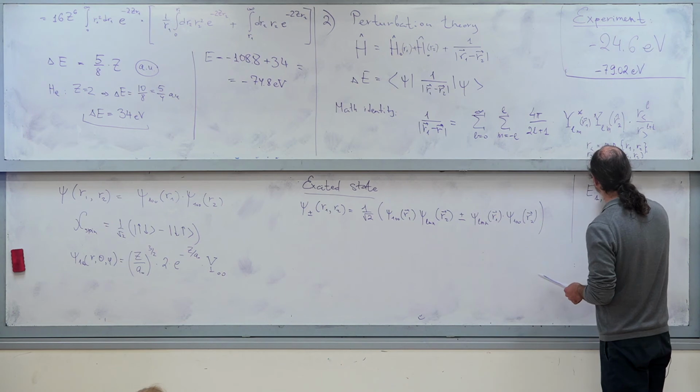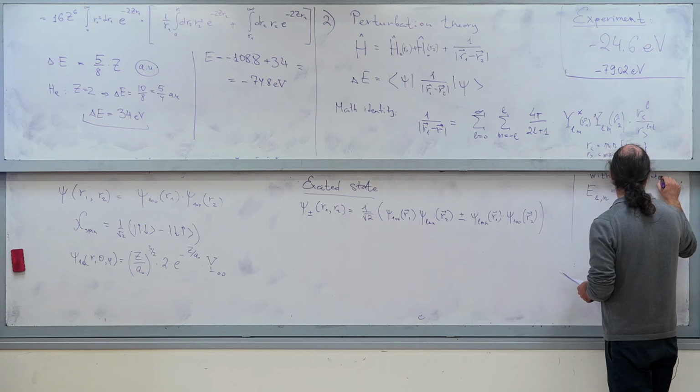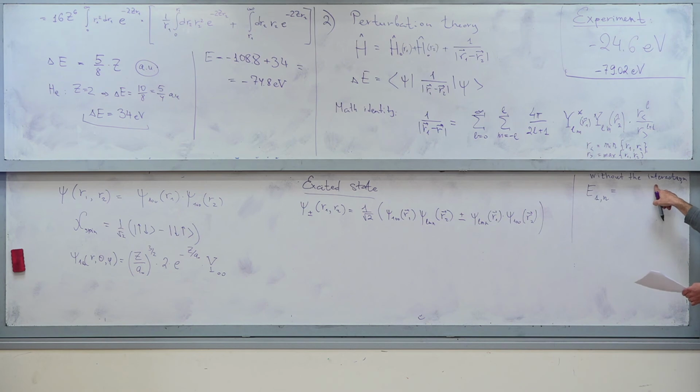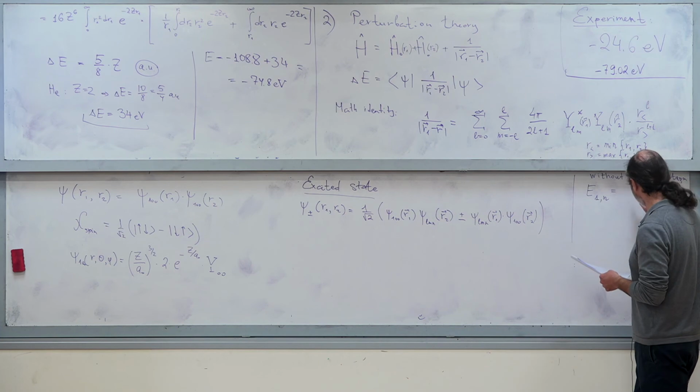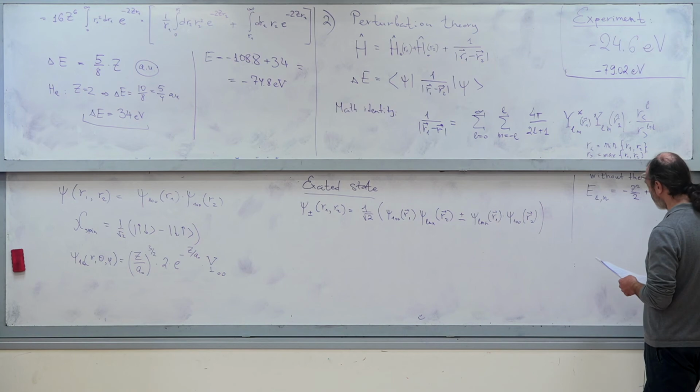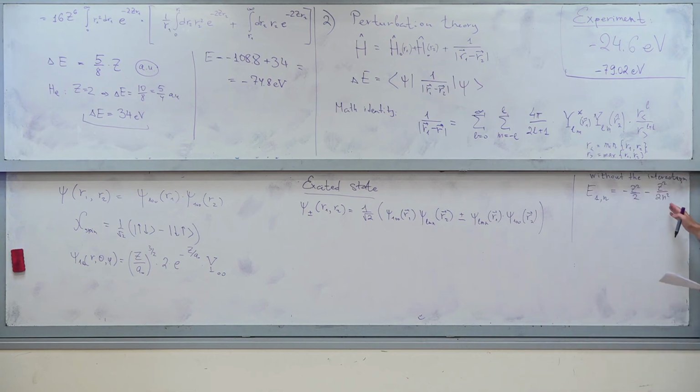The energy E_1n gives us minus Z squared divided by 2 for the first electron, and then the second electron gives us minus Z squared divided by 2n squared, whatever the n is.